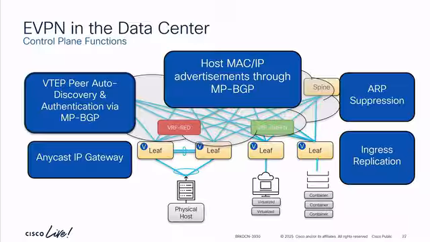We've also got built-in ARP suppression as part of the organic fabric behavior. So again, it is intended and built to be much more efficient, and structurally it's a lot better than spanning tree. That's what I'm trying to say here.